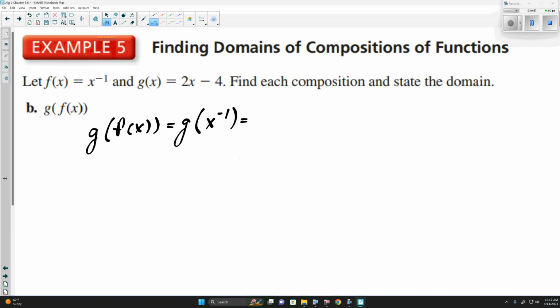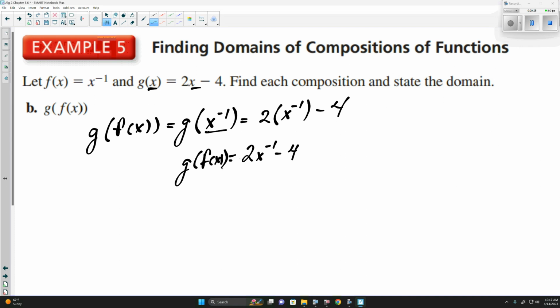And again, just like before, we're going to take what's inside here, x to the negative 1, and every x in g of x is going to be replaced with it. So we get 2 times x to the negative 1 minus 4. Well, that's just 2x to the negative 1 minus 4. That is our g of f of x.